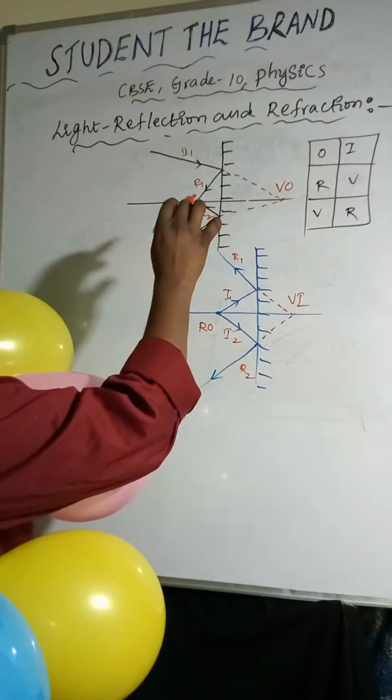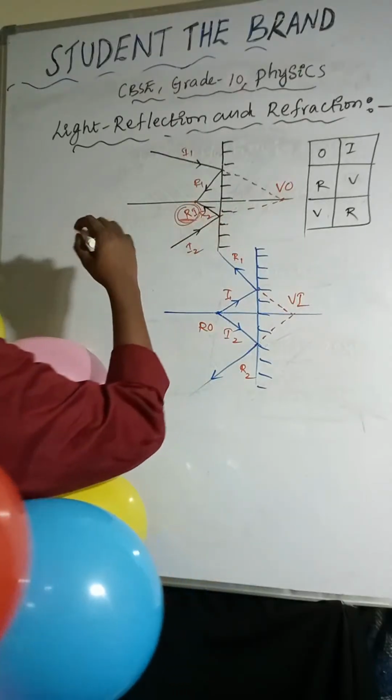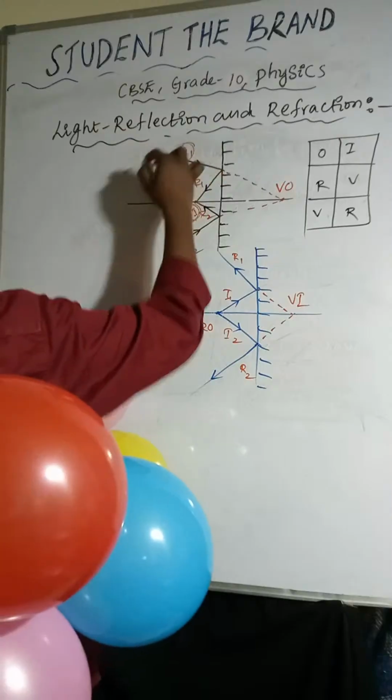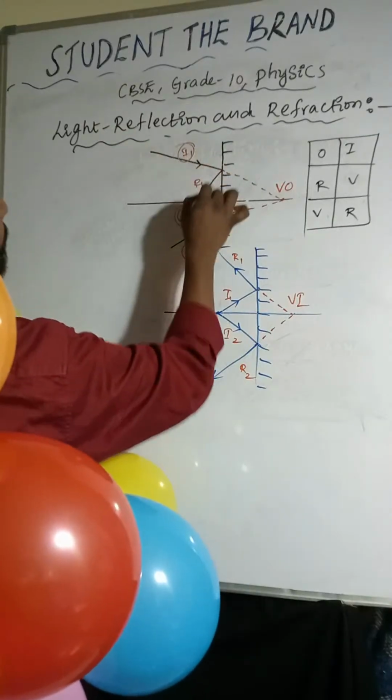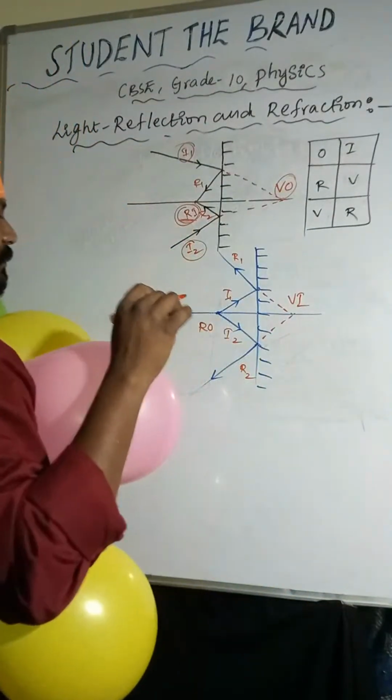After reflection, those light rays are meeting at one point, that's why it is a real image. We are extending the incident light rays, and the extended incident light rays meet at one point. That is a virtual object.